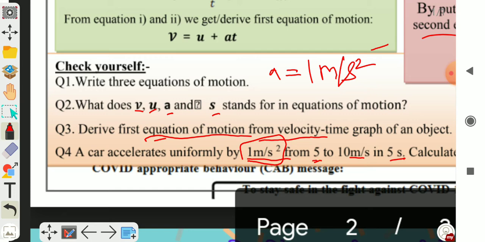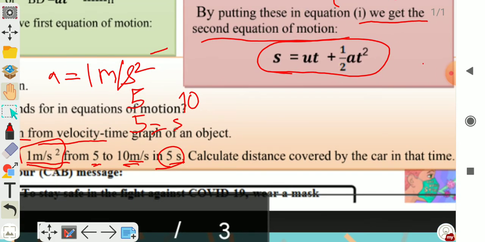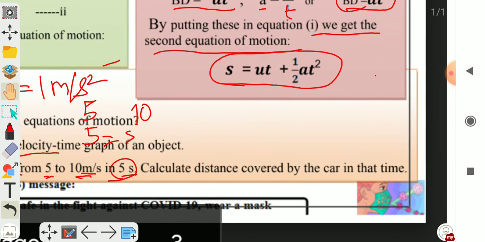Initial velocity is 5, final velocity is 10, and time is given to you, 5 seconds. Calculate the distance covered by the car in the time.